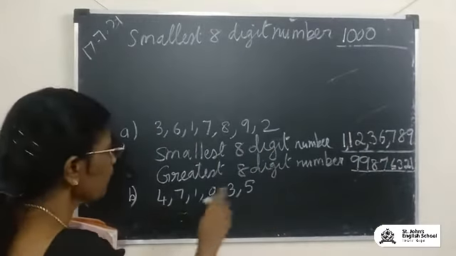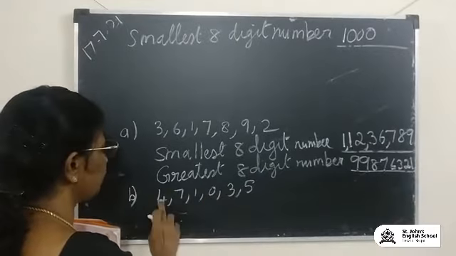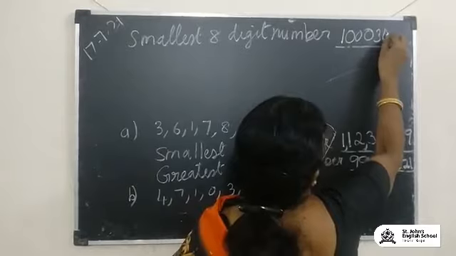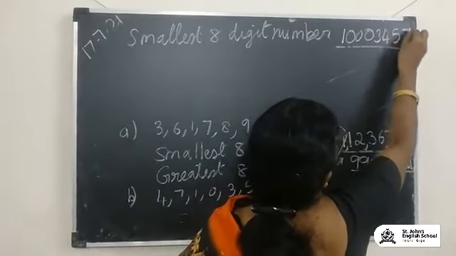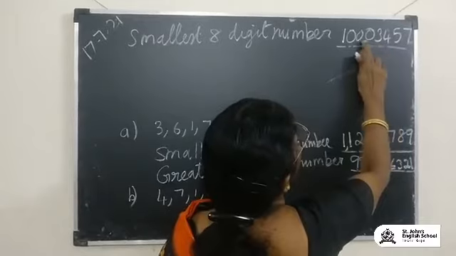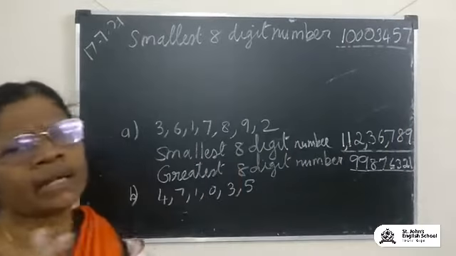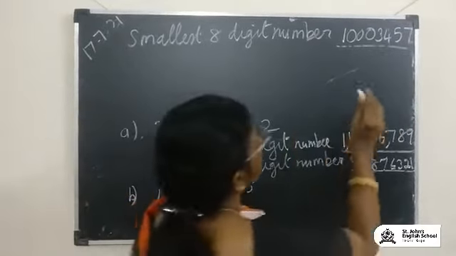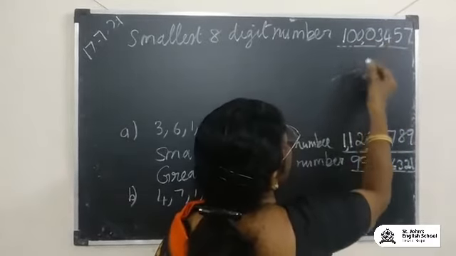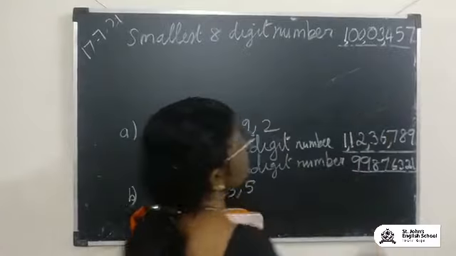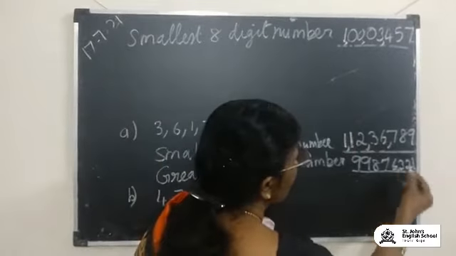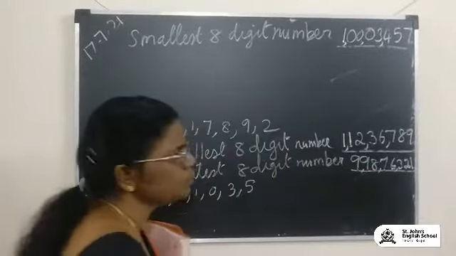Okay. So now we arrange the remaining numbers 3, 4, 5, 7. Okay, now you count and say 1, 2, 3, 4, 5, 6, 7, 8-digit number. Okay, then I'm going to write ones, tens, hundreds, a comma, 1,000, 10,000, a comma, lakhs, 10 lakhs, and the crore. So here also you should put the comma after 3 numbers and then 2 numbers.